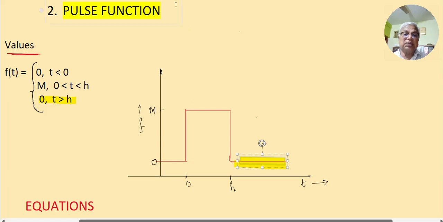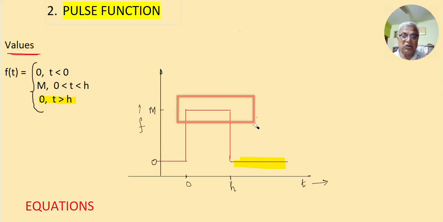So except at this place between 0 and h, it is 0 everywhere. At all other places except during the interval 0 to h, the value is 0. For t less than 0, it is 0. For t greater than h, it is 0. And for the time period between 0 and h, it is m.